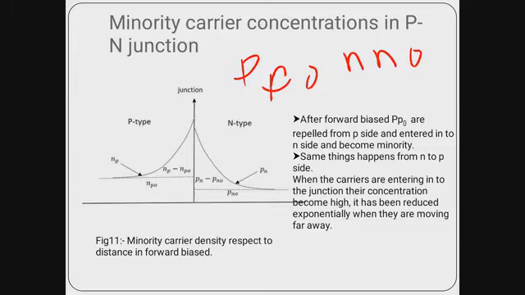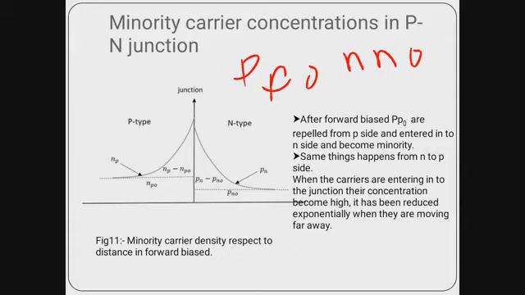Due to the forward bias, from the positive terminal, holes are repelled from the P side, hence Pp0 this amount are repelled from the P terminal and they enter the N side, and they become minority carriers.